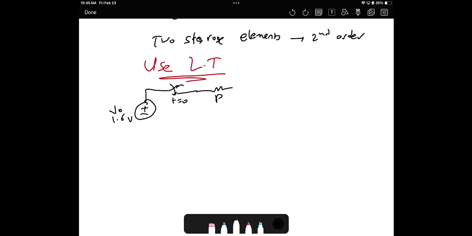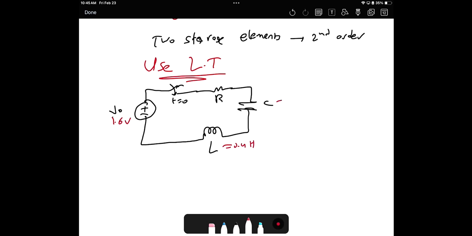Then we have a resistor R, a capacitor C, and an inductor L. We have 1.6 volts, the inductor 0.4 Henry, capacitor 0.1 Farad, and resistor 4 ohms.